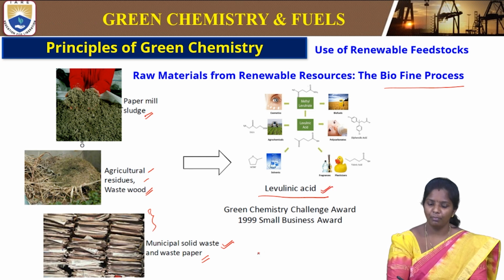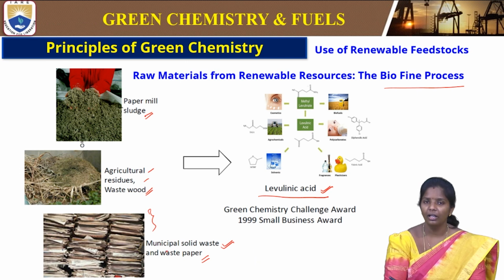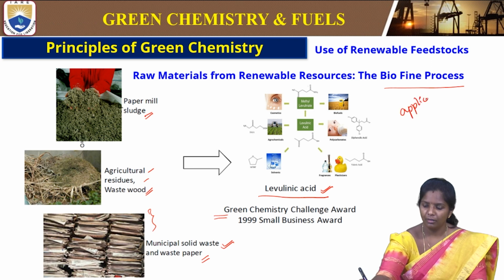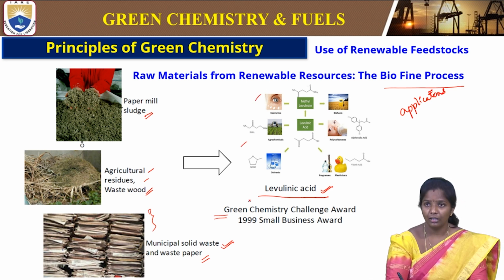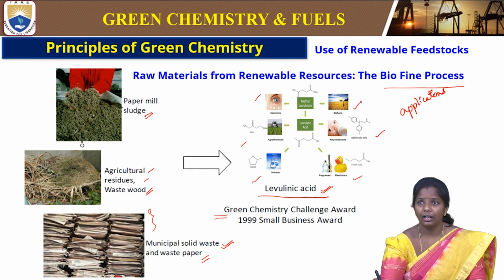This method of producing levulinic acid from agricultural waste or renewable starting materials received the Green Chemistry Award in 1999. This preparation has good applications: levulinic acid is used in cosmetics, agrochemicals, solvents, plasticizers, fragrances, polycarbonates, and wide applications in industries like biofuels also.